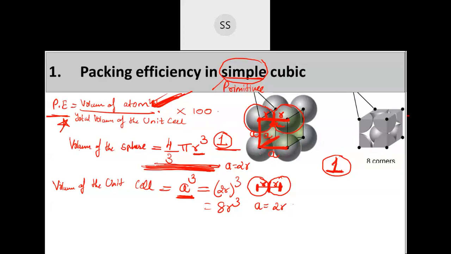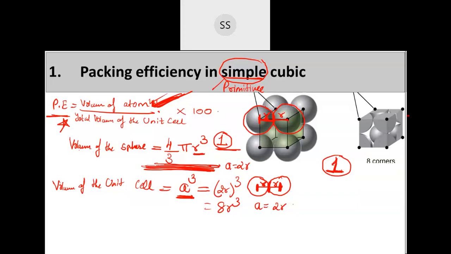If you take this length of the cube, I'll erase and show you again, you can see there are two atoms occupying this length, one over here and one on the other side. If you observe the distance properly, it is from the center of this atom till the circumference, and that distance is called the radius. So a half radius we get here, and then another atom also gives the radius part.